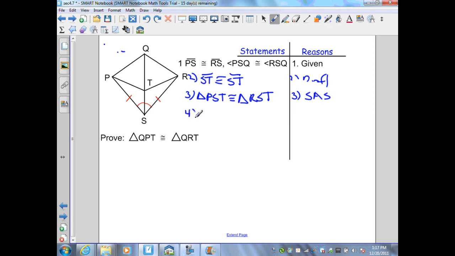Next, I can then get segment PT congruent to segment TR by CPCTC.